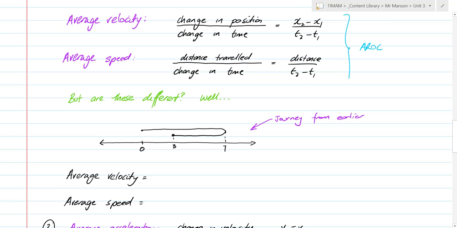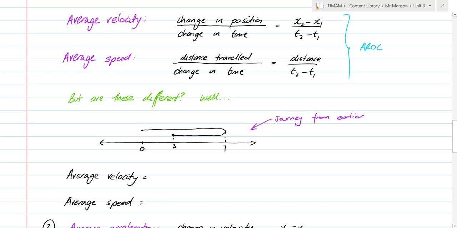It's the derivative of displacement at that exact moment. Whereas your average velocity is where you start looking at your gradient over time. So you get your starting point and your finishing point, and you look at the distance travelled and the time it took, and then you can work out your average velocity. But velocity, remember, is your change in position, which is displacement. Speed is the distance travelled.